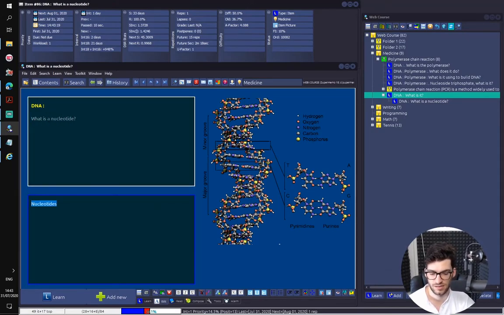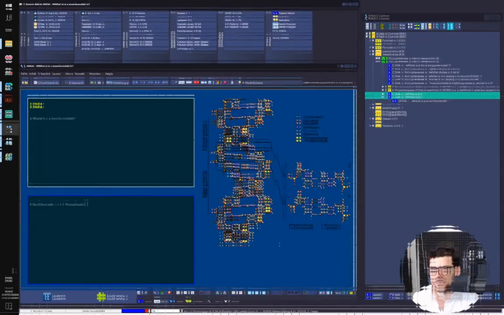And you say nucleoside plus 1 phosphate. And some of you would ask, oh, but isn't this 2 units of knowledge inside my answer? Actually, yes. The answer is actually yes, because you have nucleoside and phosphate.